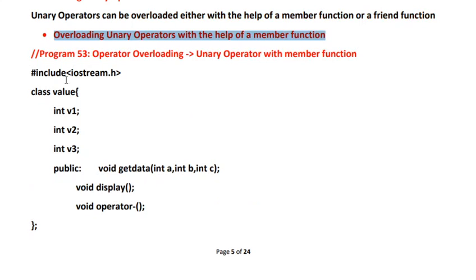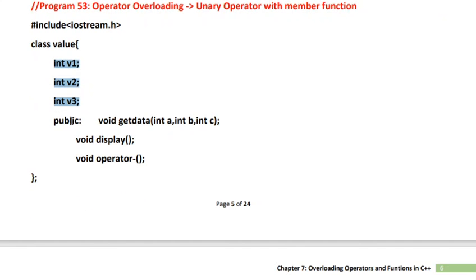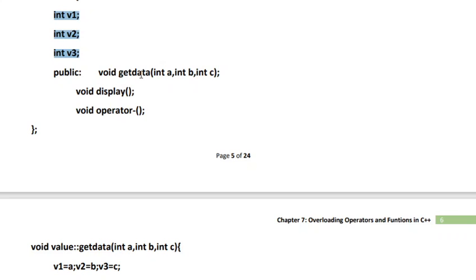So here I have a class val. I have three integer values in the private section of the class, v1, v2, and v3, and I have a function to get data. To get data, I'm passing three integer values. And I have a display function and an operator minus.